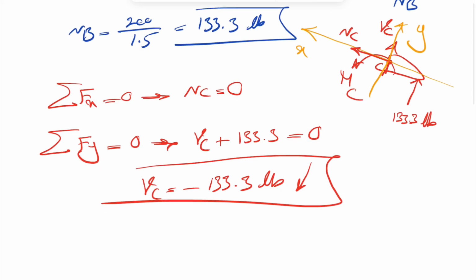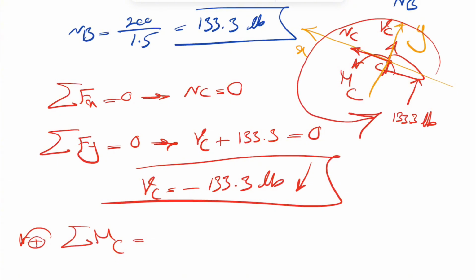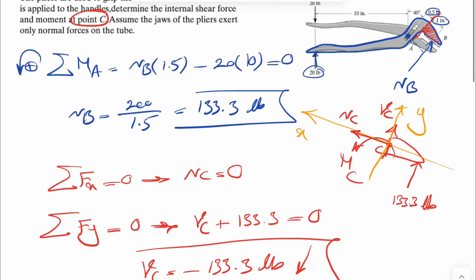And if we want to find the moment, we're just going to do sum of all moments about point C. We're going to have the moment of 133, which is going to be in this direction. So it's counterclockwise, 133 times the distance from point C to where the NB is applied.